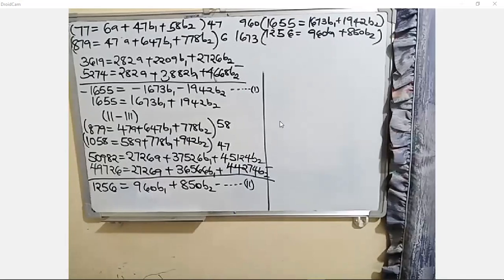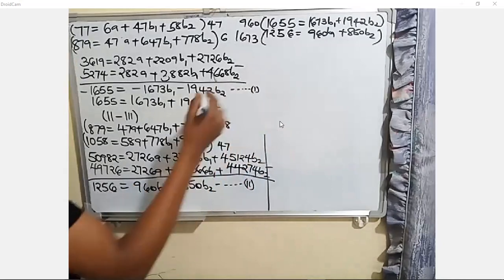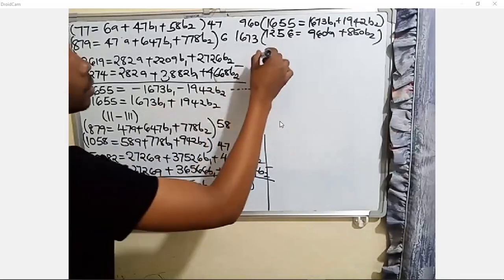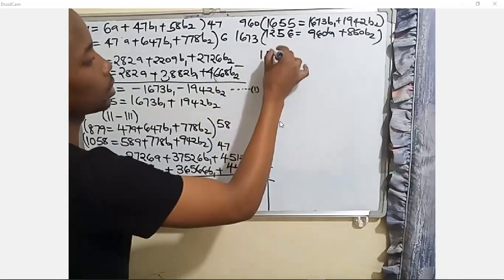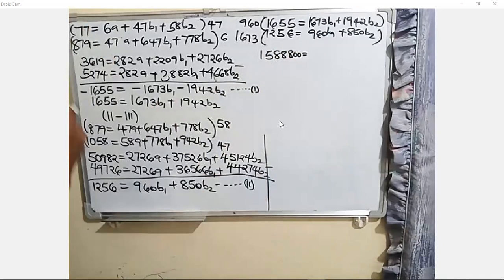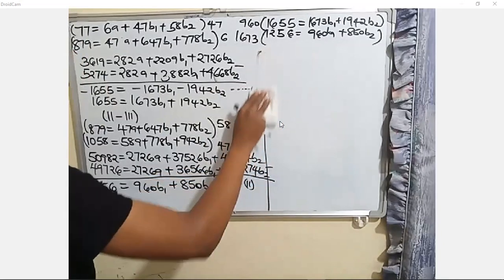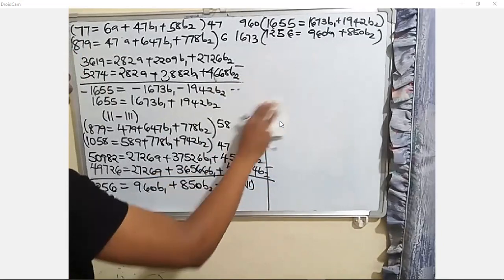Someone give me the first one? 1588800. Is equal to what? 160608.